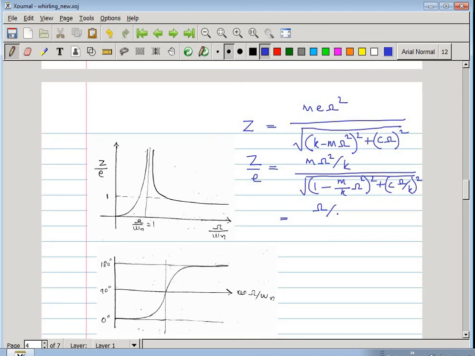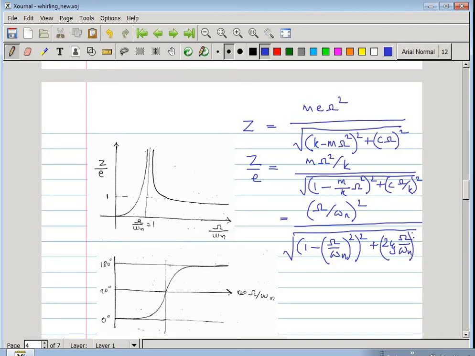So this is omega by omega n square, and this is root over 1 minus omega by omega n square whole square plus, with a little manipulation, you can get this as 2 zeta omega by omega n square.